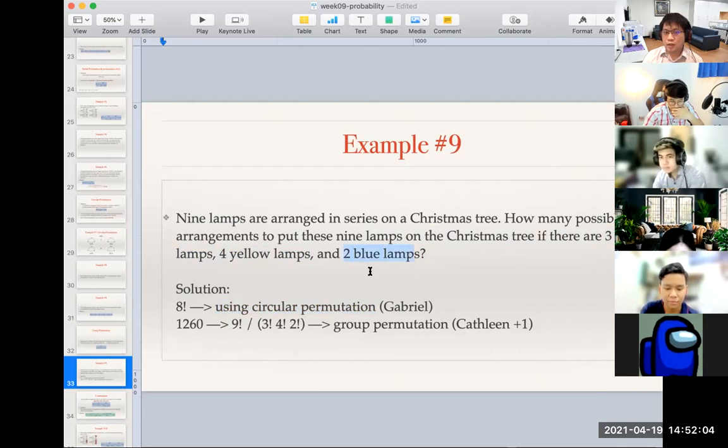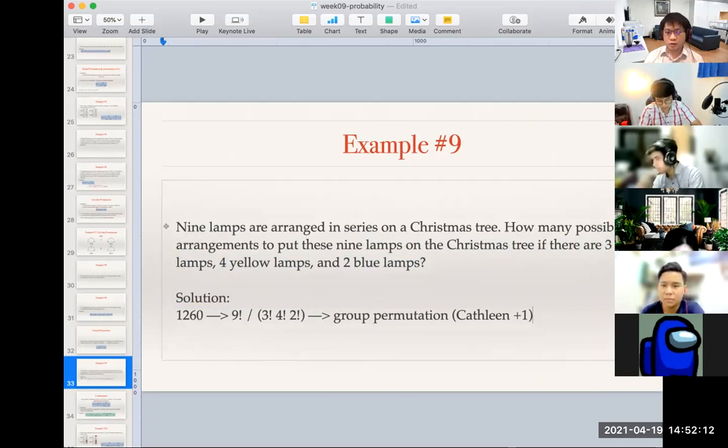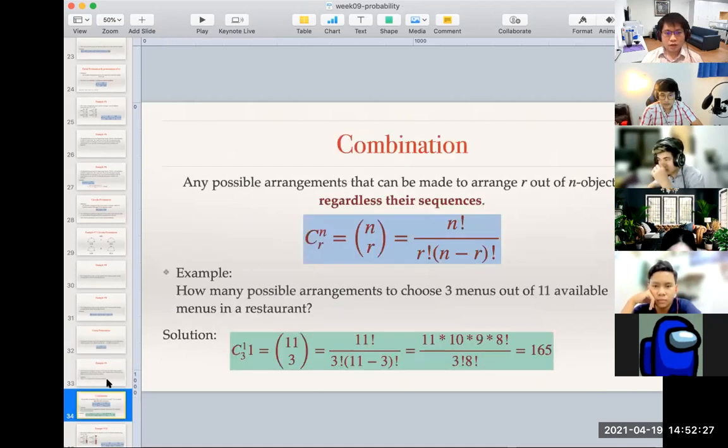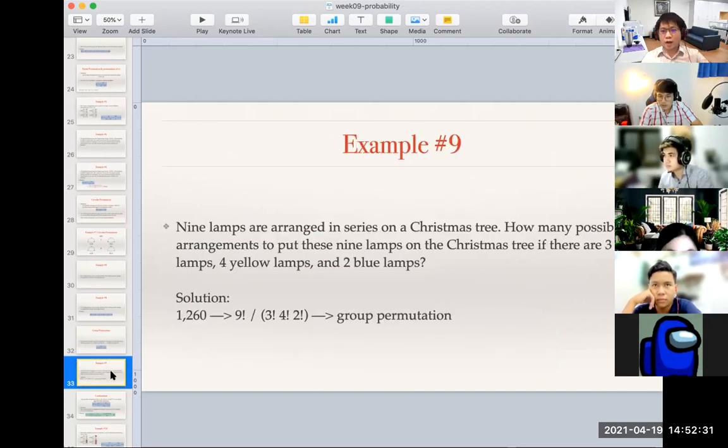In this case, it is much more preferable to solve these questions using group permutation. That's why we get 1,260. Okay, thank you, Kathleen, Kenneth, and Gabriel.